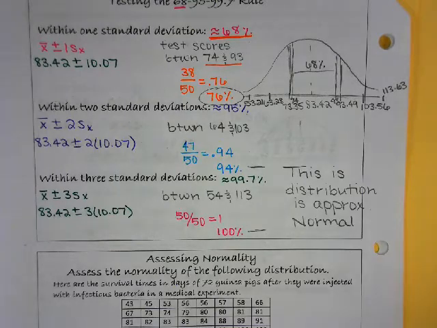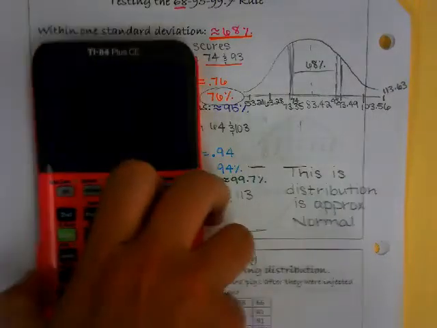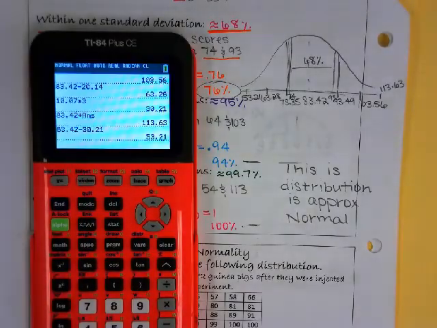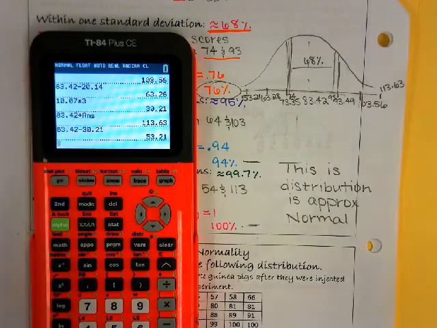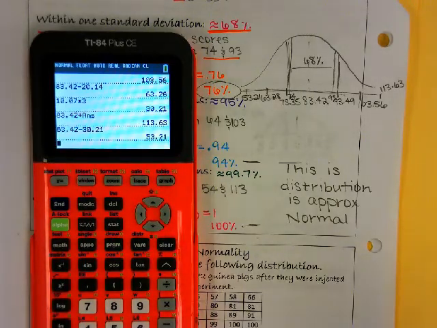So you should still have the data in there. I hope you didn't clear it out. If you did, put it back in. So we're going to make a new graph that we haven't worked with before. You're going to hit the second y equals, so that we're in this menu. I'm going to work in plot 1.